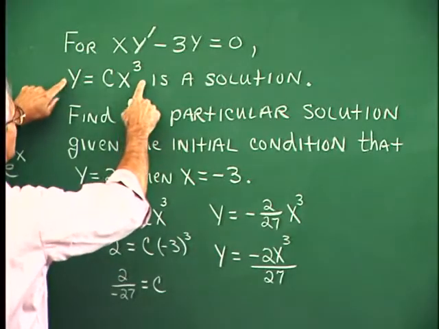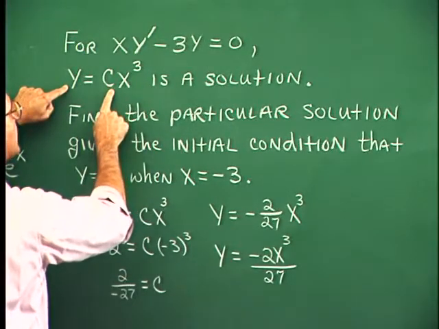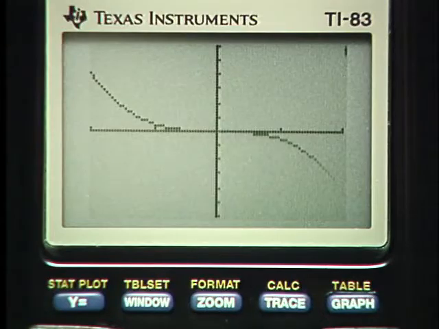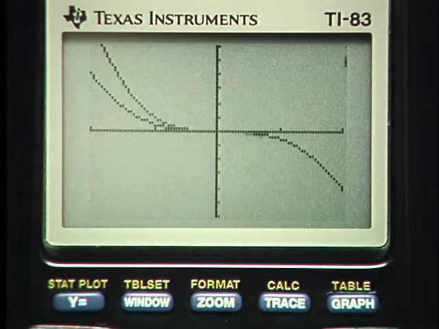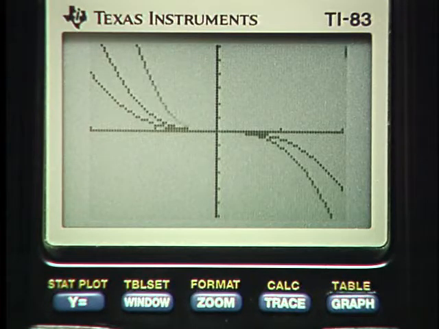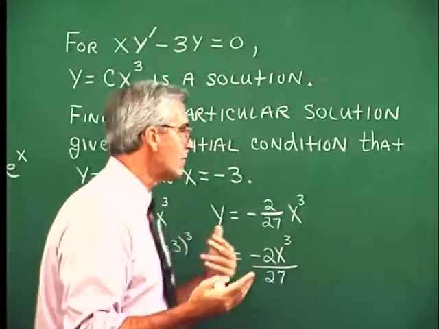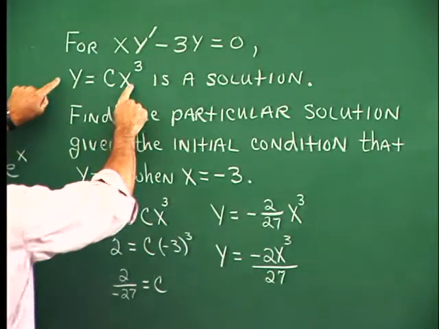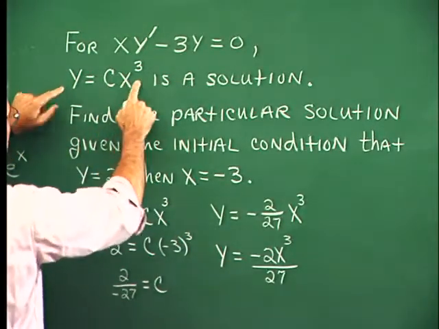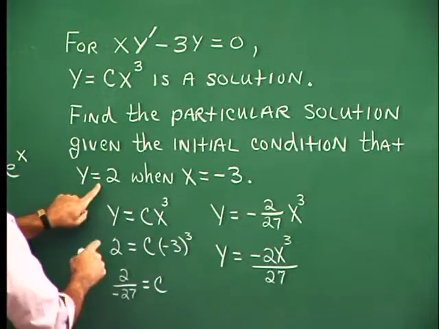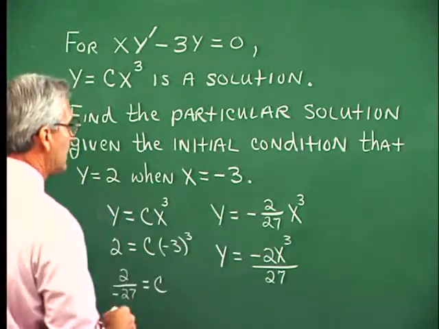Now let's look at what happens when c takes on values that are negative. Notice that for the negative values of c, the graph continues to fall left to right. Okay. So we would like that particular value of c that will give rise to a point on the graph of y equals 2 when x is negative 3.